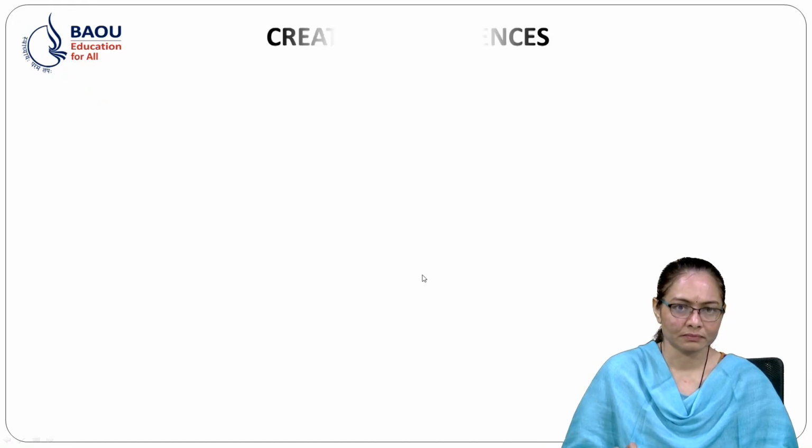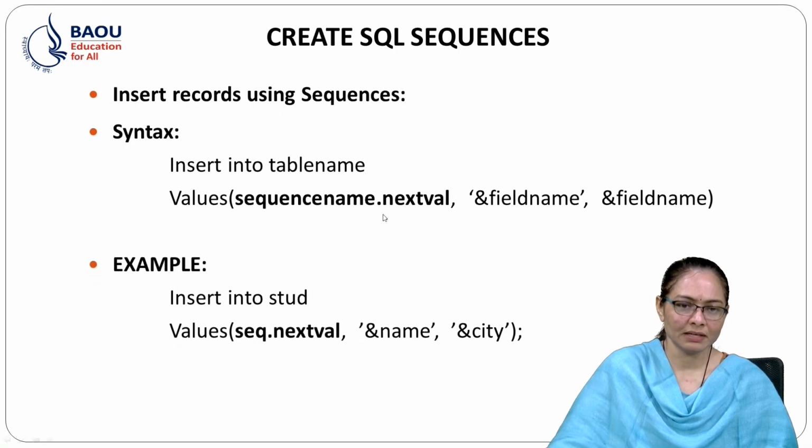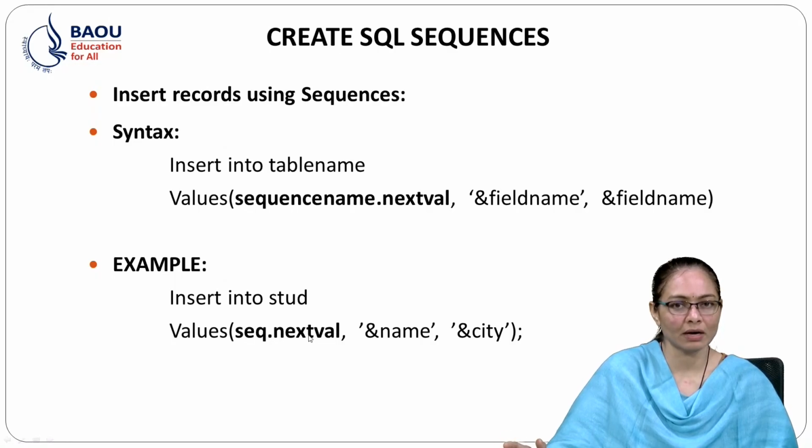So, here this is insert into stud table and values SEQ dot nextval. Nextval generates the next value 1, 2, 3 automatically.